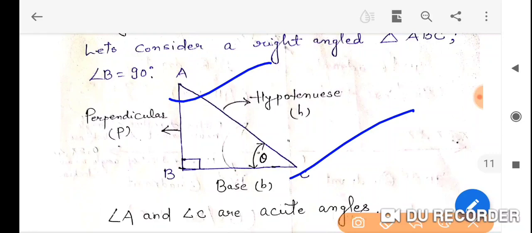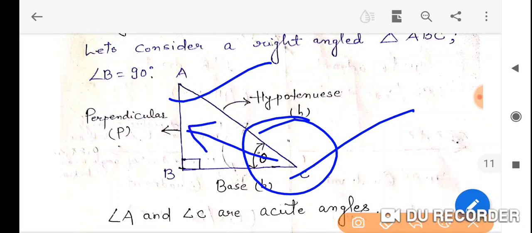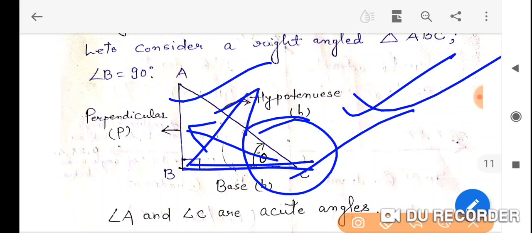If we consider angle C equal to theta, then the side opposite to angle C is considered as perpendicular and the side BC will be the base, and the side opposite to the right angle is the largest side, which is called hypotenuse. You all are familiar with this section. You have studied it in class 10th under the section trigonometry.